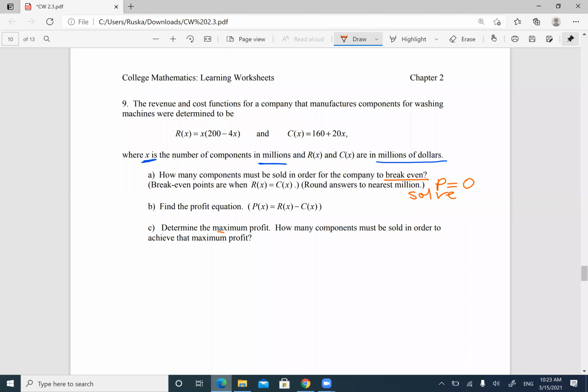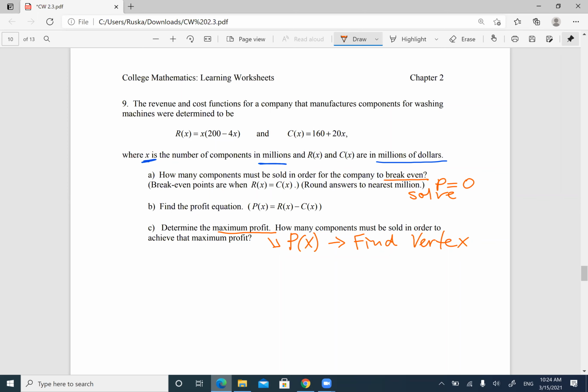And if you need to find the maximum profit from the profit function, using the profit function, you have to find the vertex. So the vertex is going to be the maximum. So here you have to find the vertex. Okay? So that's how you do that.